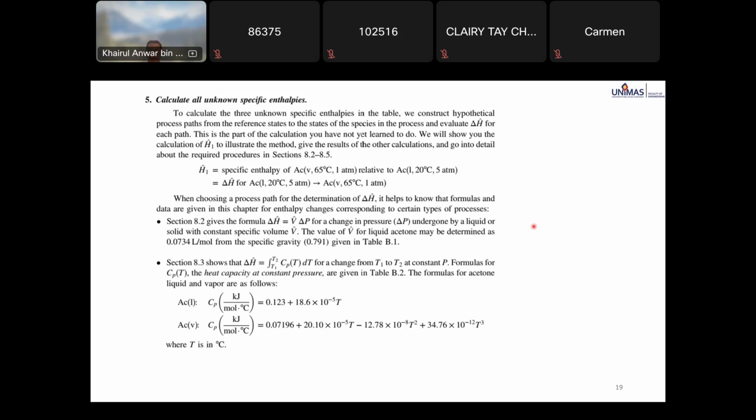So how to calculate? Since there is no table available like the steam table for acetone, we can use mCp delta T. Enthalpy equals mass multiplied by heat capacity multiplied by delta T.